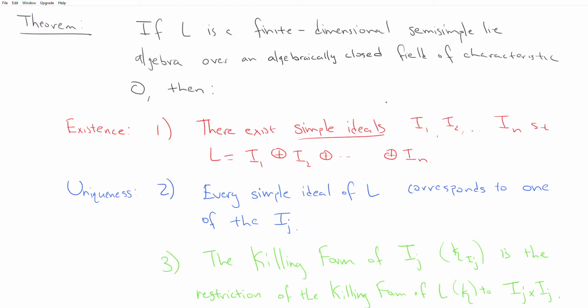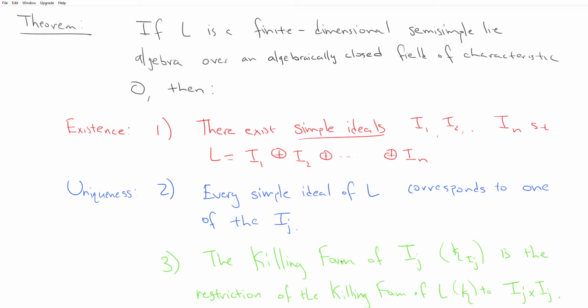If L is a finite dimensional semi-simple Lie algebra over an algebraically closed field of characteristic 0, then there exist simple ideals I1, I2, ..., In such that L is the direct sum of these simple ideals, and every simple ideal of L is represented by one of these I sub j. Furthermore, the Killing form of I sub j is the restriction of the Killing form of L to I sub j cross I sub j.